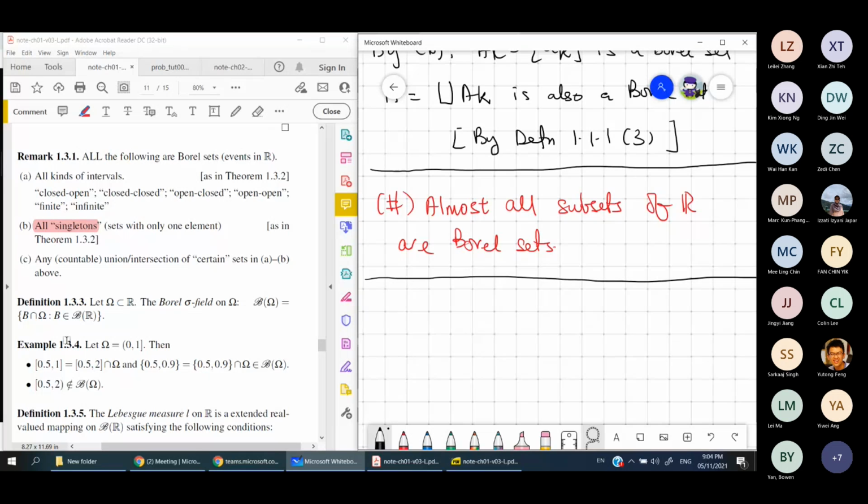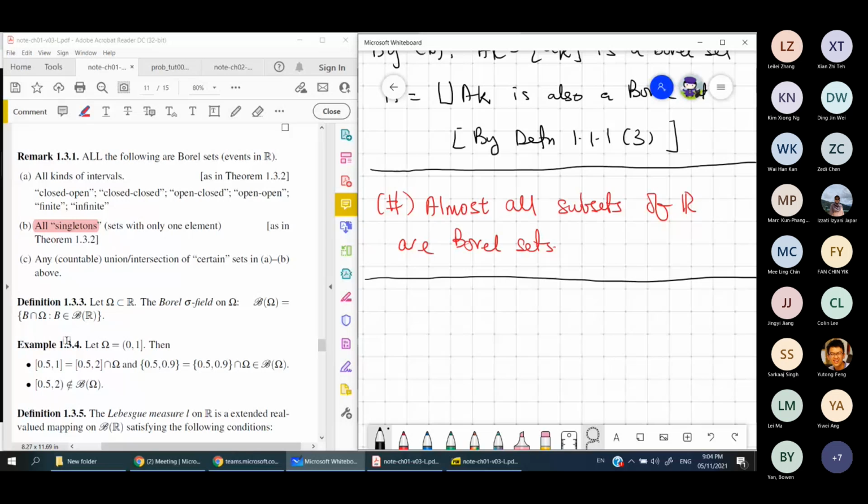Of course, if you are interested, you may go and Google it or YouTube. You can see a non-Borel set, a non-measurable subset of R. You can see it go through a series of funny constructions, unions and intersections, and at the end of the day you don't know what that is. That is an example of a non-Borel set.